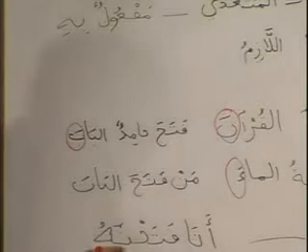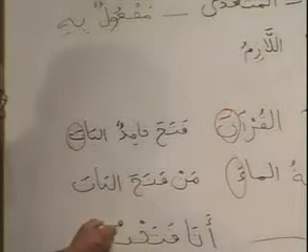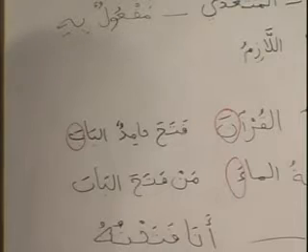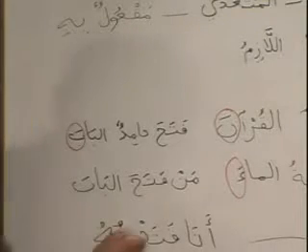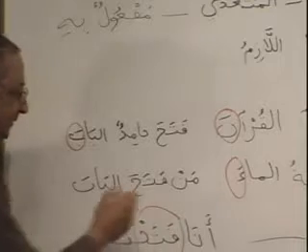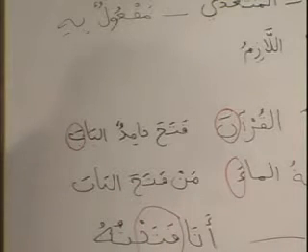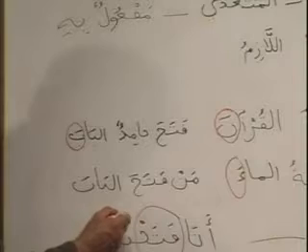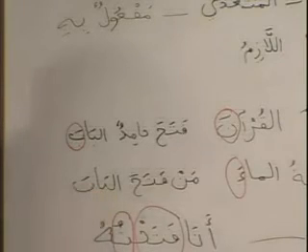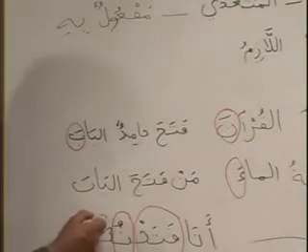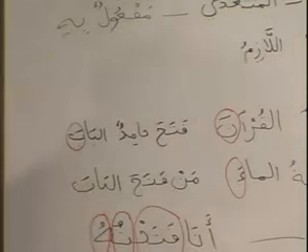So, fatahtuhu, brothers and sisters, break it down now. How many words are there? 3 words, brother. Fatah, fi'l. Tu, fa'il. And then hu, maf'ulun bihi.